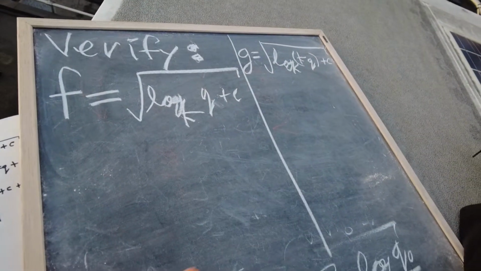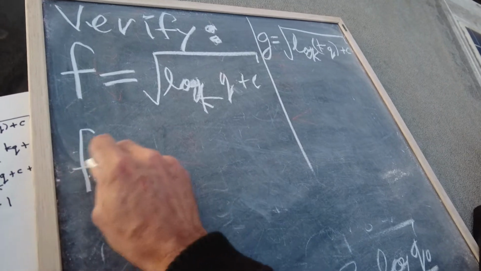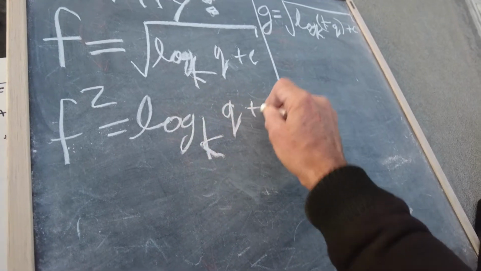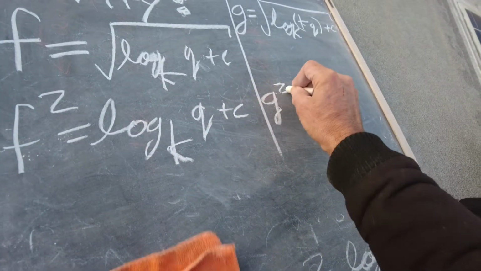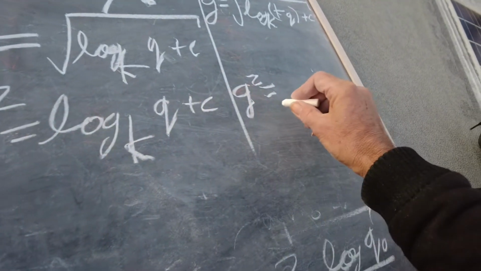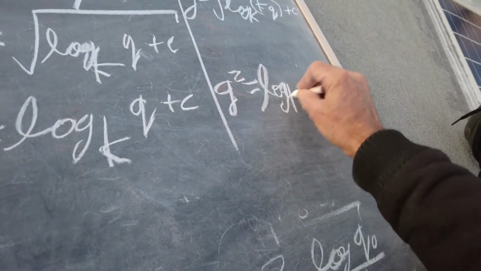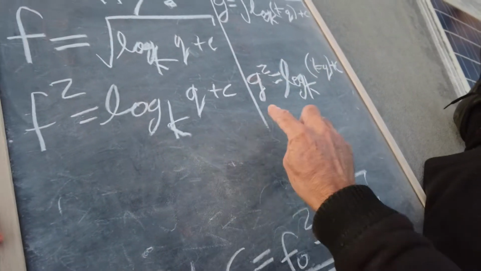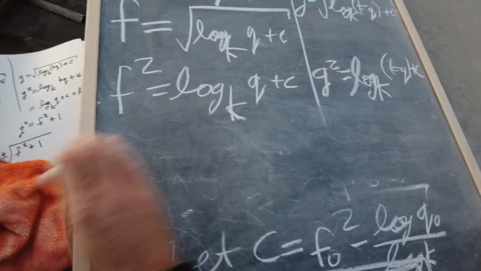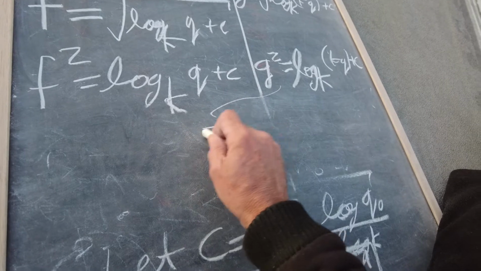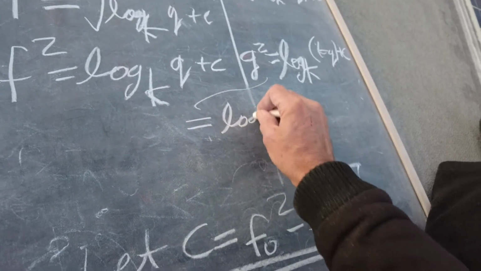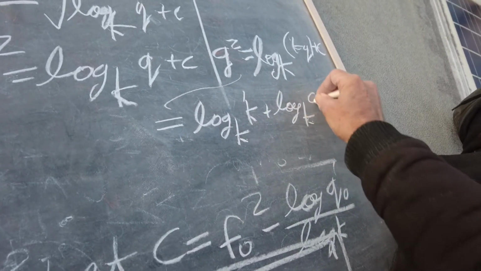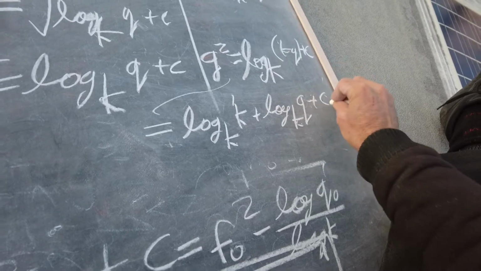And the easiest way to relate these together is to consider f squared equals log k of q plus c, and g squared equals log k of kq plus c. And then if we just sub them in together, this is equal to log k of k plus log k of q plus c.